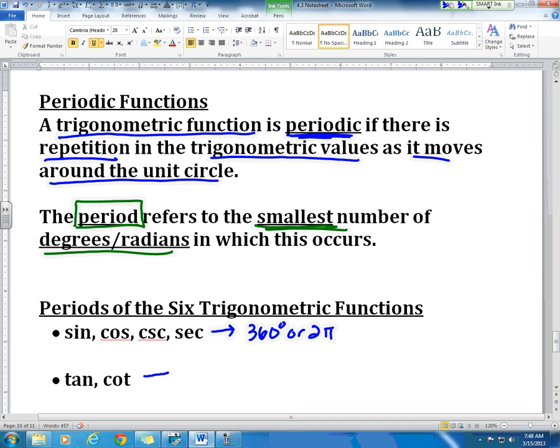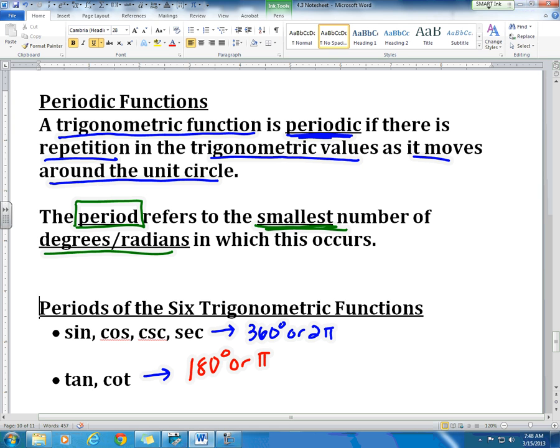It's a little bit different for tangent and cotangent. Take a peek at the tangent and cotangent columns in that chart, and see what the smallest increment of degrees or radians is before you start to see exact repetition again. You should see that every 180 degrees or pi radians is when tangent and cotangent repeat.